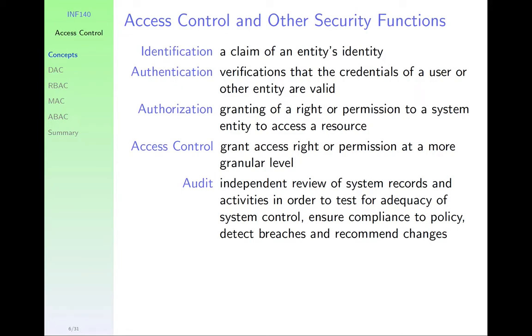So these 5 steps compose the whole access control. It is used in operating systems, and in different systems or web-based systems, like HR systems in a company, in a university, or in an enterprise.